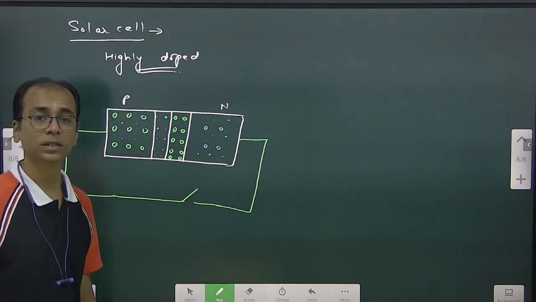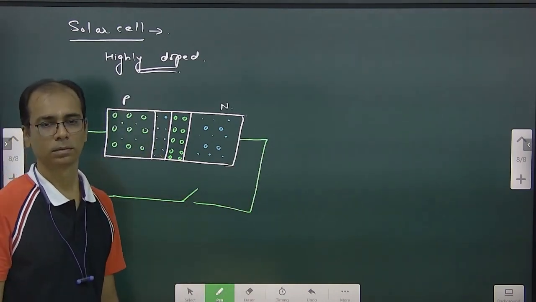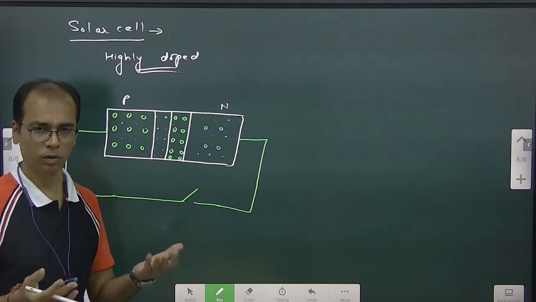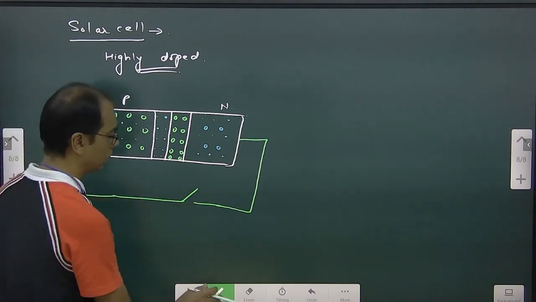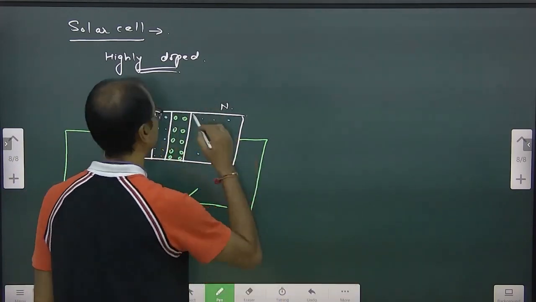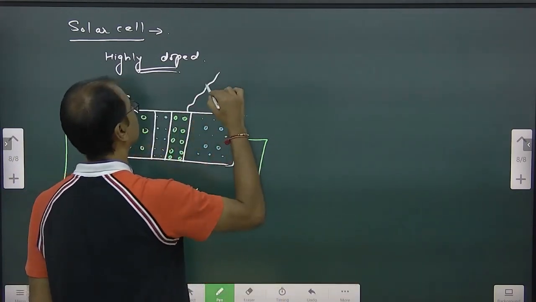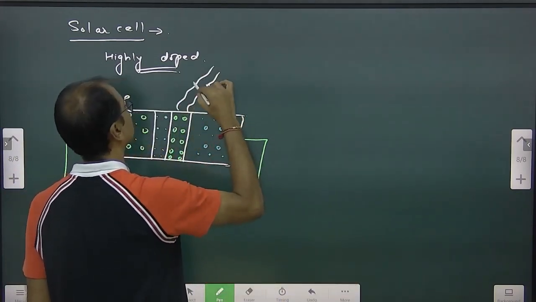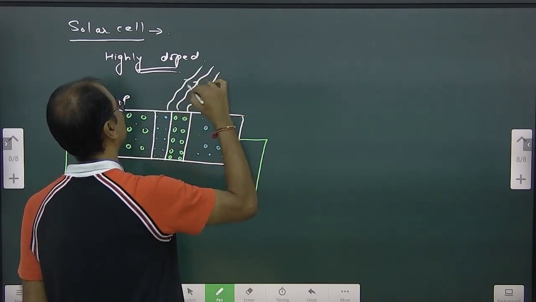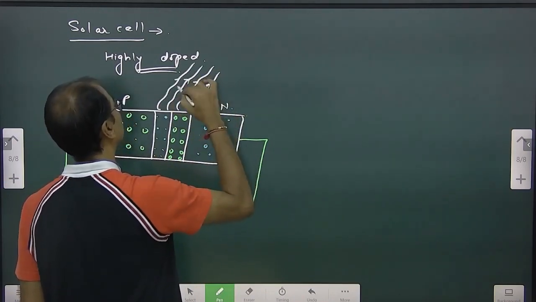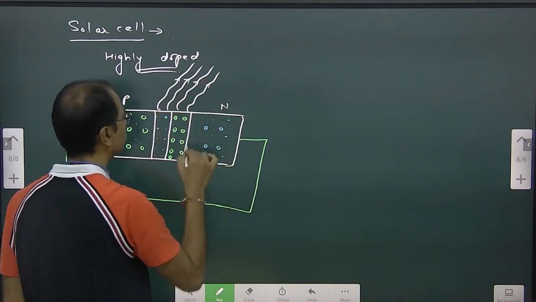Now what's happening? It's a solar cell, and that means we are making sunlight fall on it. We know what will happen because of that, right? It is falling on the entire thing actually, but maximum effect will be seen where? The depletion layer.